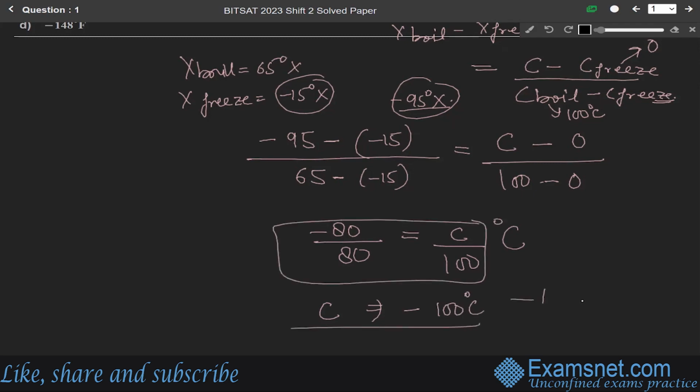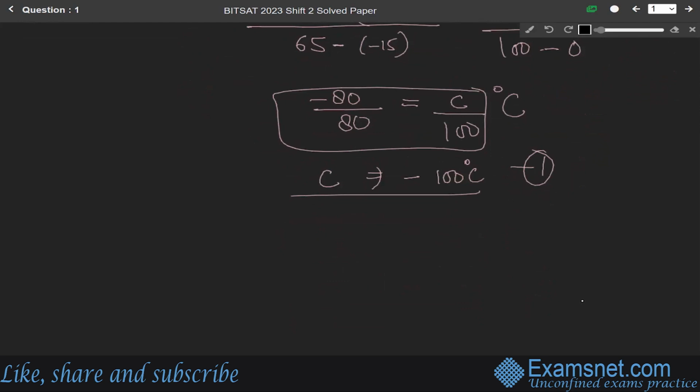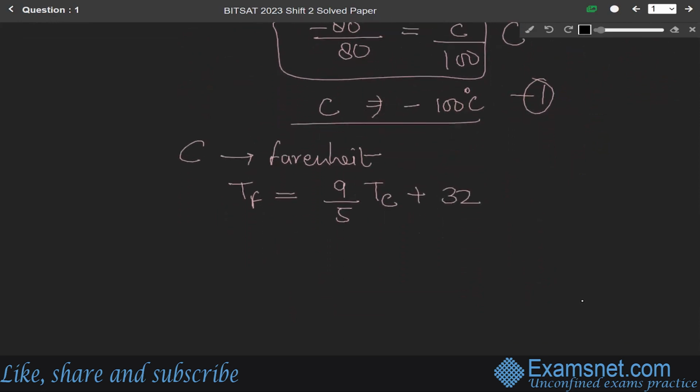Let us say this is equation number 1. Now, using the conversion formula from Celsius to Fahrenheit: when we have to convert from Celsius to Fahrenheit, we write TF, the temperature in Fahrenheit, equals 9 over 5 times the temperature in Celsius plus 32. Just put the value. TF equals 9 over 5 times TC, which is minus 100 degrees Celsius, plus 32.